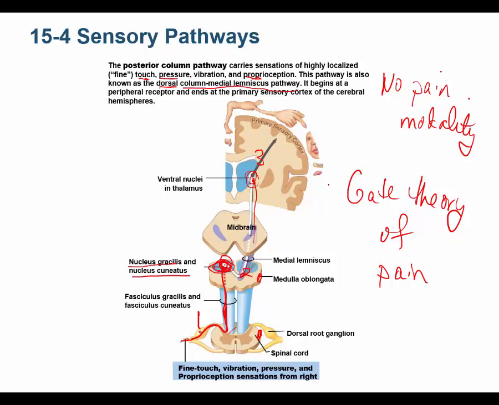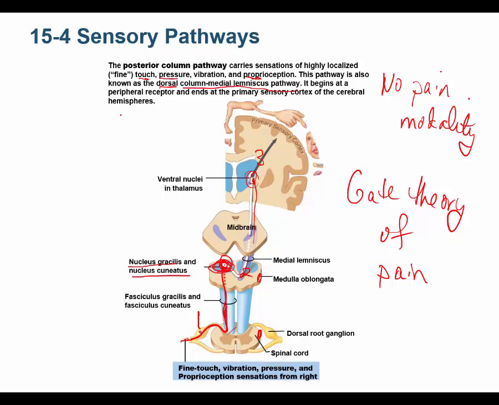Well, the more information you send up the dorsal column medial lemniscus pathway, the less information can come from the lateral spinothalamic pathway. In other words, you can override the pain by increasing the dorsal column medial lemniscus input.